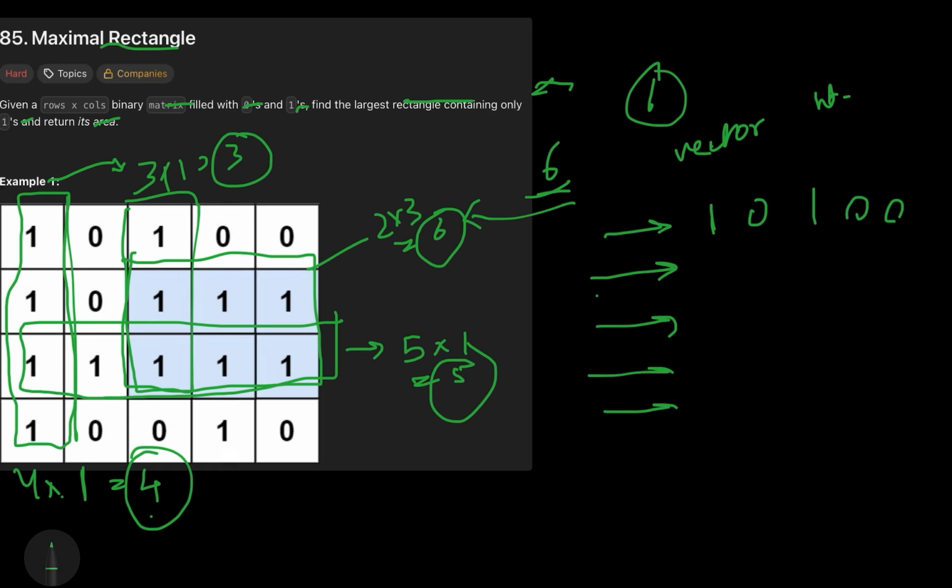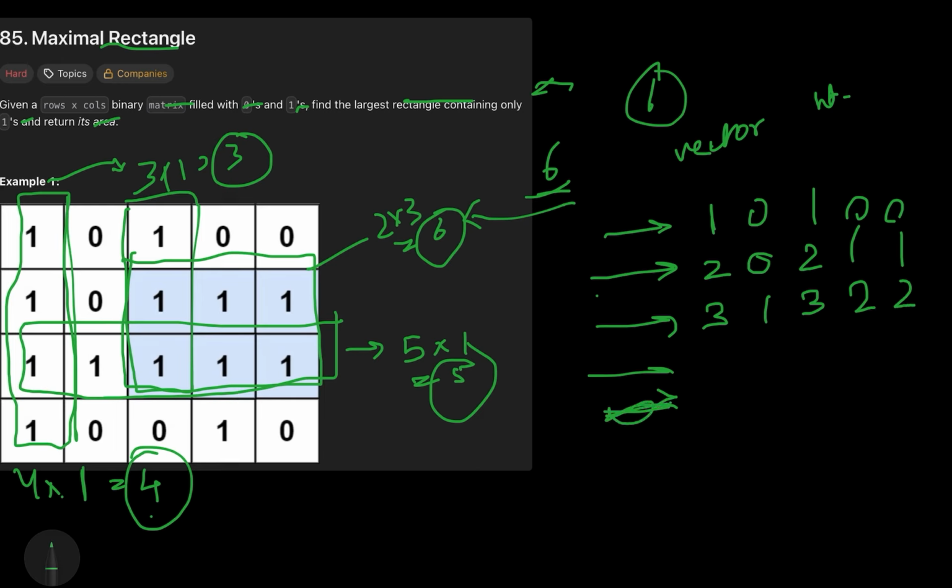In the second row, here also 1 is there, so we'll increase the height. Here there is nothing, then here it is 2, here 1 and 1. Then in the third traversal, we have here also 1, then we'll increase it to 3, we'll increase it to 1, we'll increase it to 3, we'll increase it to 2 and 2.